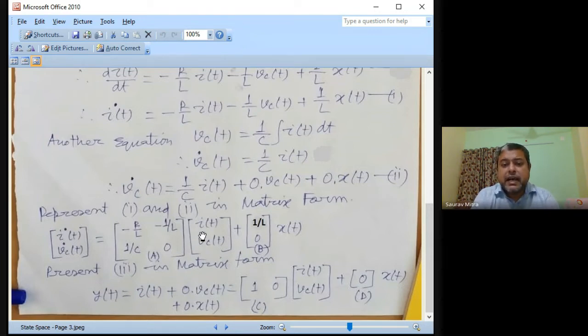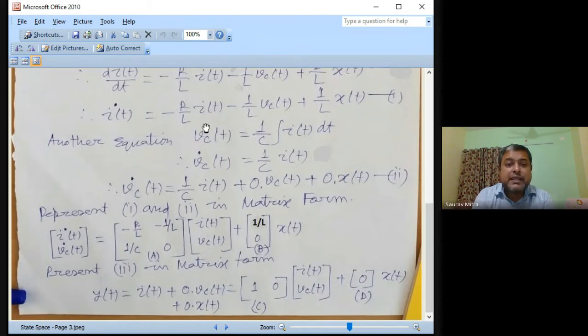Here it and vct are the state variables, and this B matrix is called the input matrix. You find that in i dot t, xt appears with a coefficient of 1 by L. But in vc dot t there is no xt, because xt is 0. That's why the B matrix will be 1 by L and 0.